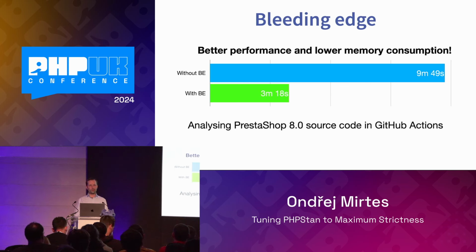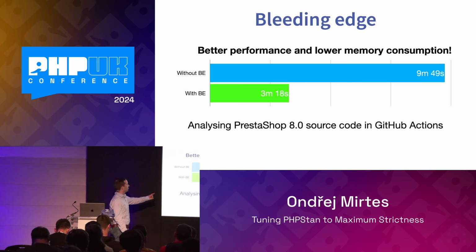So if you have a huge project with many files and many million lines of code, it might run faster when you enable bleeding edge, because there are no reference cycles. Objects don't point at each other. They only point like in a tree-like structure. They don't point in cycles. So the job of the garbage collector is much easier, and PHPStan consumes less memory. And because the garbage collector basically doesn't have anything to do, it doesn't have to look for cycles because there aren't any, it's much faster on large projects.